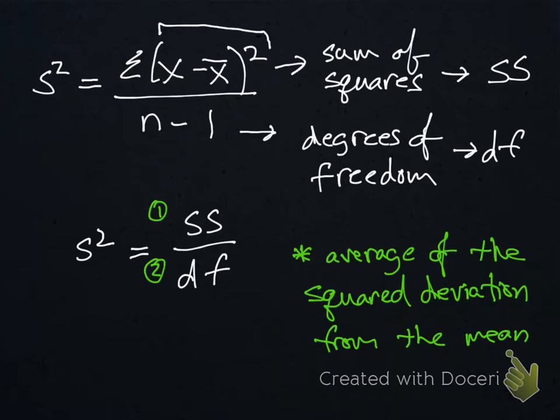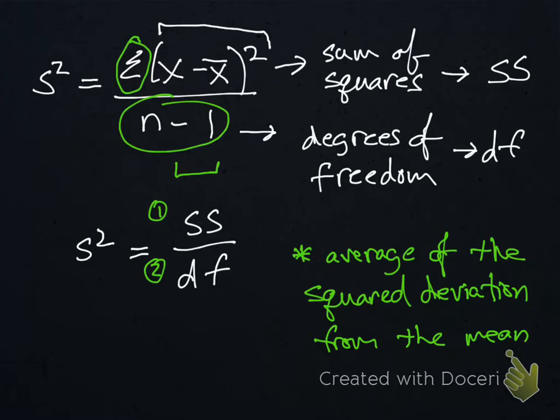Just to note, anytime we take the sum of something and divide by the number of things that there are, we're taking an average. Now we talk about the sample mean as being just the average of the scores, but our variance here is taking the sum of squared deviations divided by the number of deviations there are, in this case minus 1 to correct for a little bit of bias, but still.